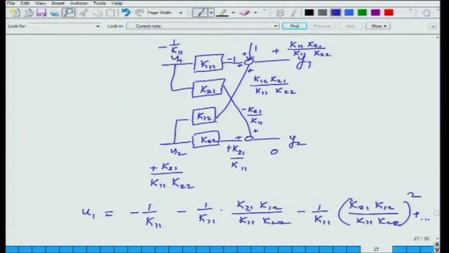So basically what I am saying is u1 would change by an infinite series.